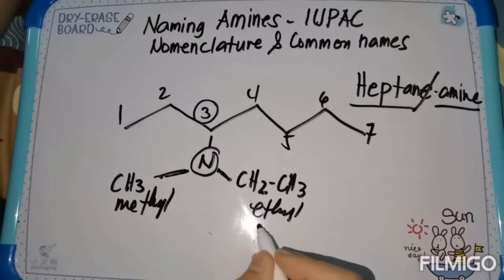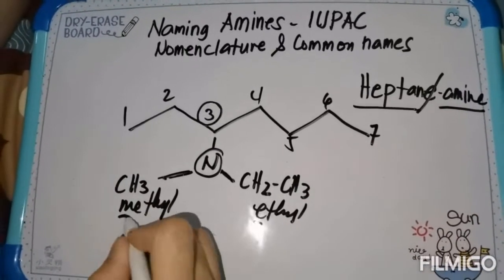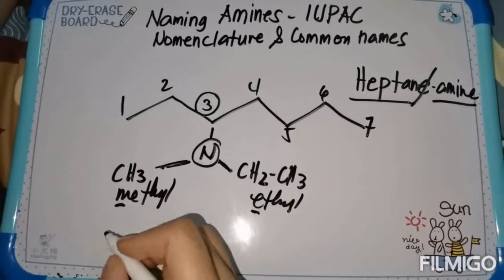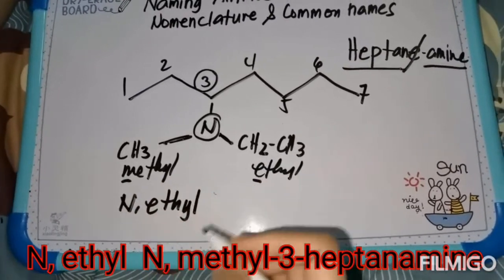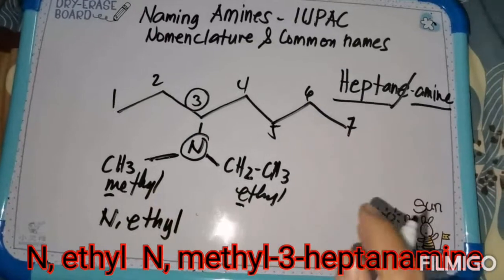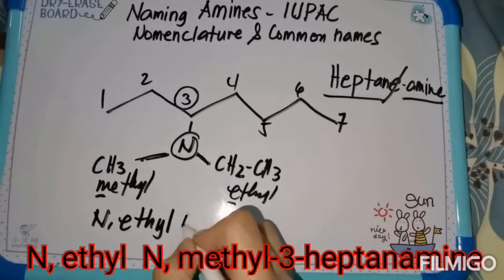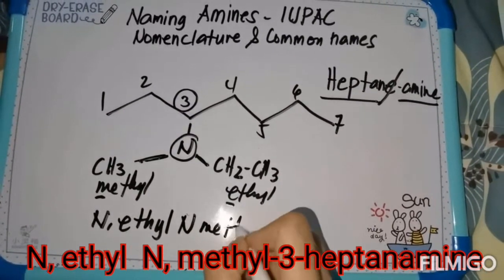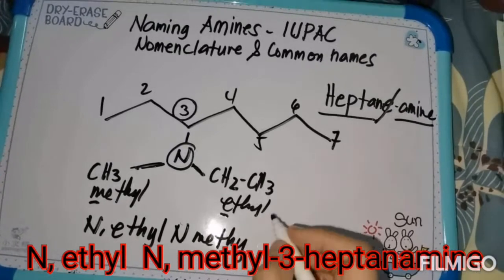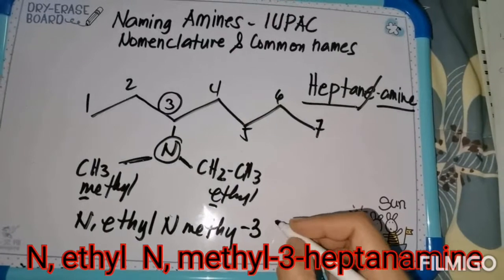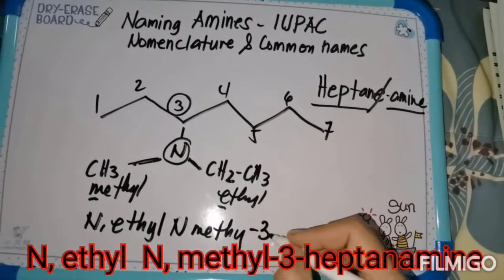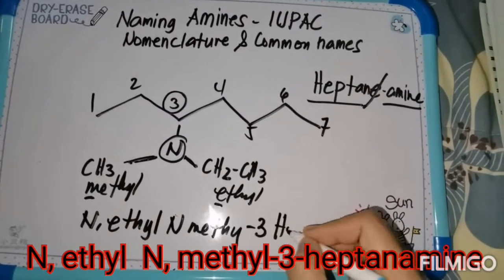Ethyl comes before M in the alphabetic order, so it will be N-ethyl, and N-methyl, and 3 for the carbon. The position of nitrogen is number 3 carbon, heptanamine.